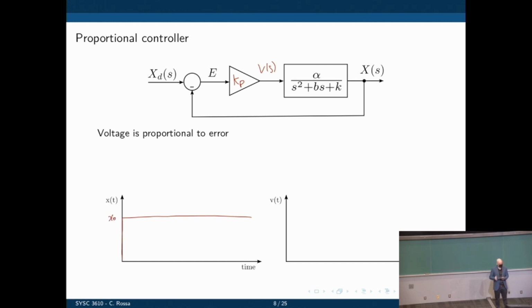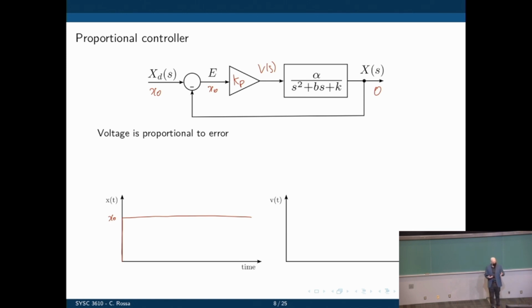This is what we want the system to do. What happens in the beginning when we turn the system on? The system is starting at 0, and we want it to go to x0. The error is x0. And now the voltage we apply to the motor is x0 times Kp.